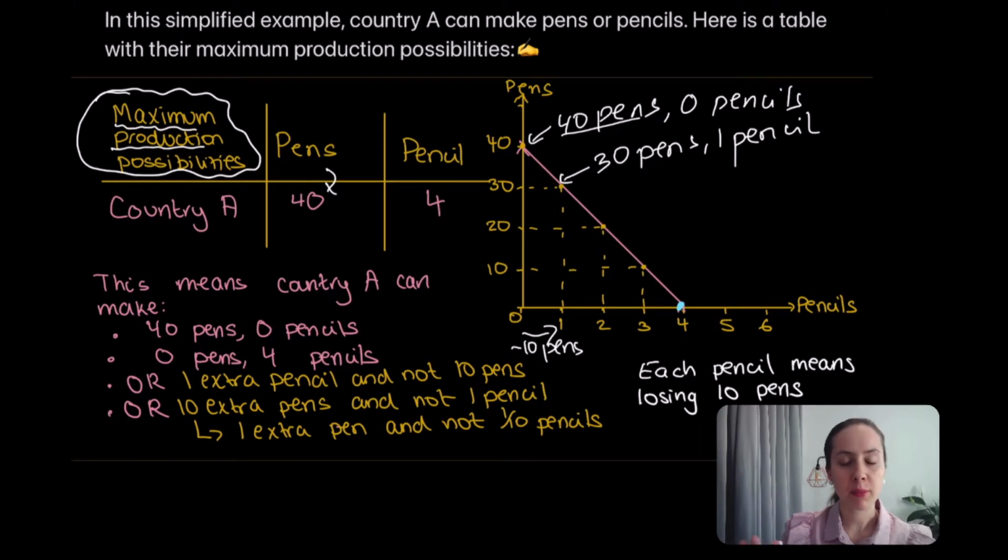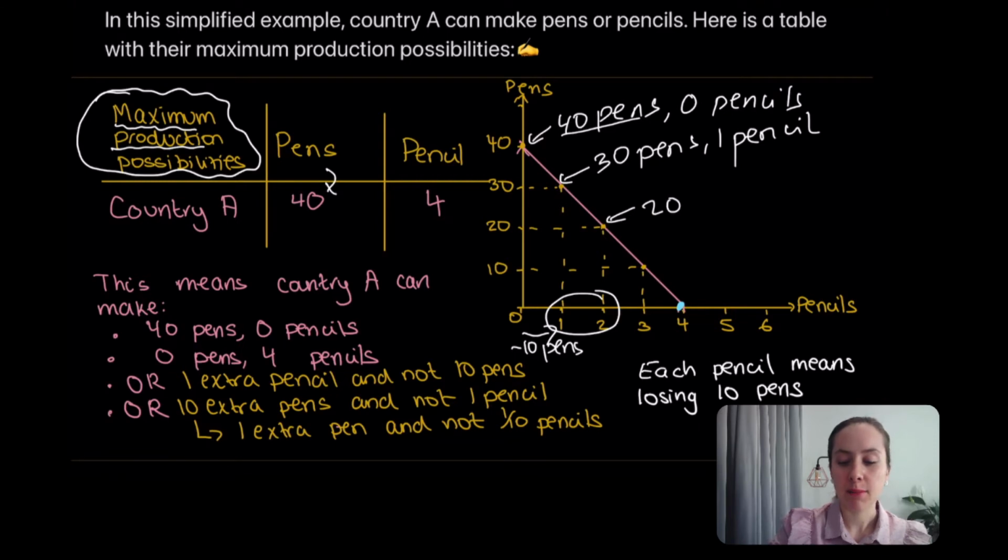So we're just warming up here, getting to know what these charts do and what they look like. Let's try one more example. If country A decides to go from a 1 pencil world to a 2 pencil world, what's the consequence? They've had to dedicate more resources towards making pencils, and so they can't make as many pens anymore.